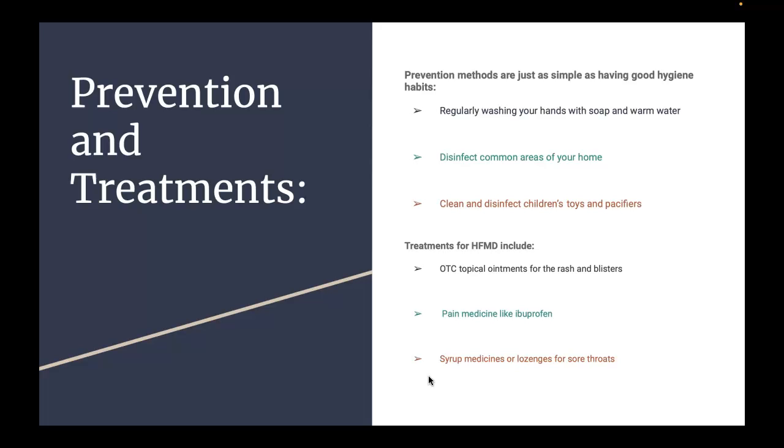But for treatments, if you do get it, there are over-the-counter topical ointments for the rash and the blisters, usually just anything to calm the skin down. For the blisters inside the mouth, there are some at-home remedies like chewing ice chips or rinsing salt water in your mouth a few times a day.